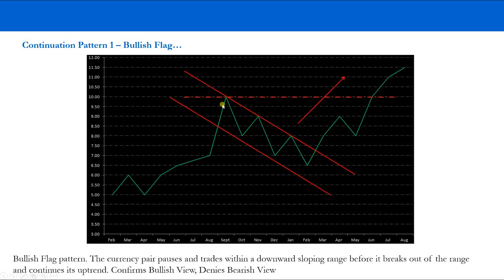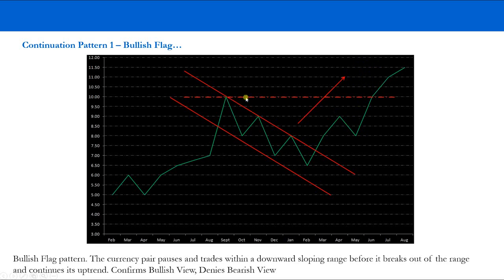Again, if we come into this with a fundamental bearish predisposition, if we see this and we're around this point here and it breaks out to the upside, breaks to the upside from the channel, we'd be stupid to short the currency pair on this breakout. We'd be better off waiting for better timing and trying to short at higher prices.